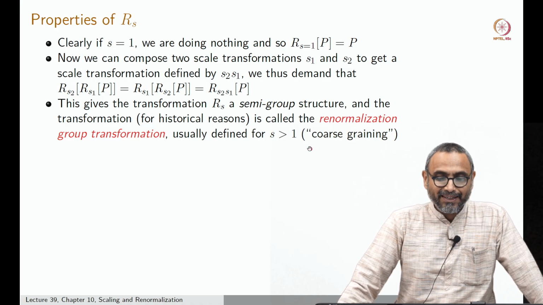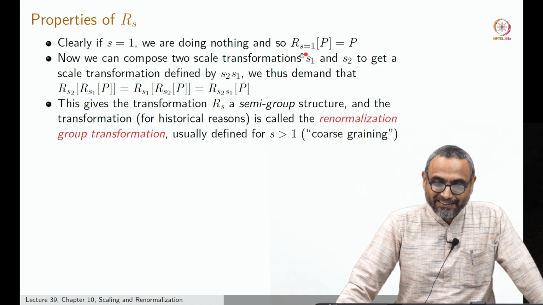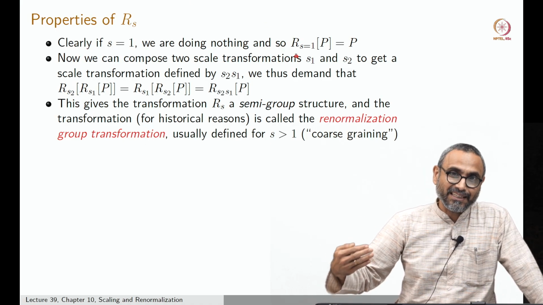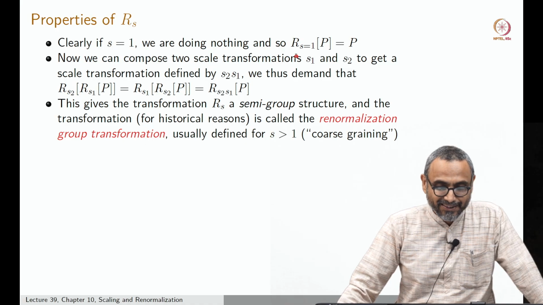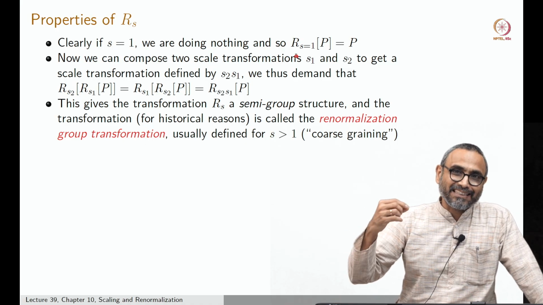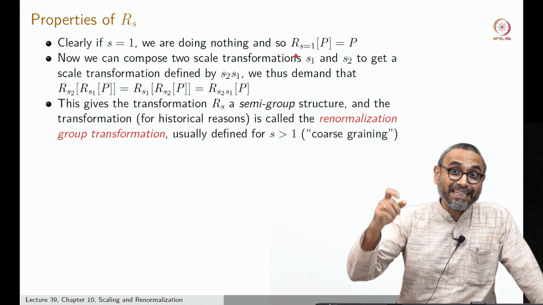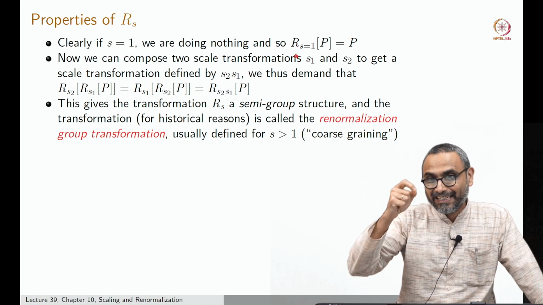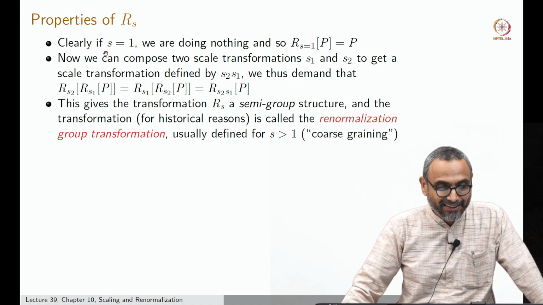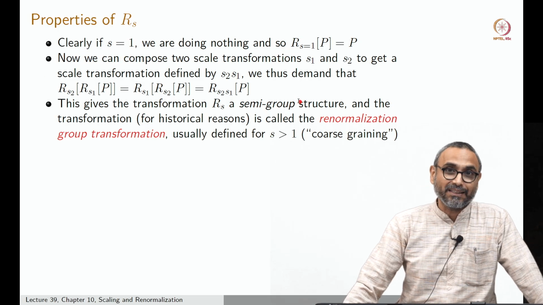Okay, so this R_S, which describes our scale transformation on the Hamiltonian, can be thought of as a transformation acting on a point in the space of theories, and it will take a point to another point, and it has to satisfy these properties.